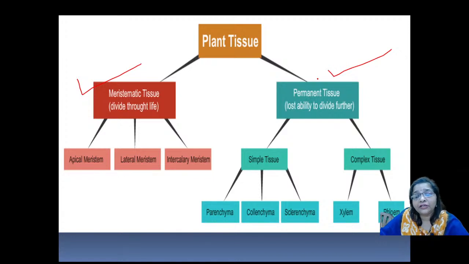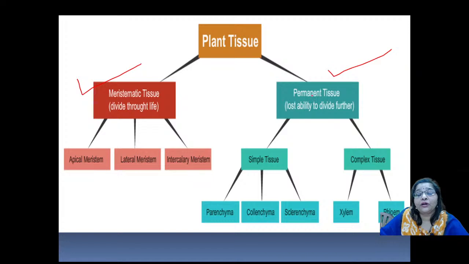Further, some tissues may modify again, and we call it redifferentiation, where they become so complex and so different in structure because they have to perform very specific functions. Whereas certain tissues may undergo dedifferentiation, becoming very simple types of tissues if necessary.